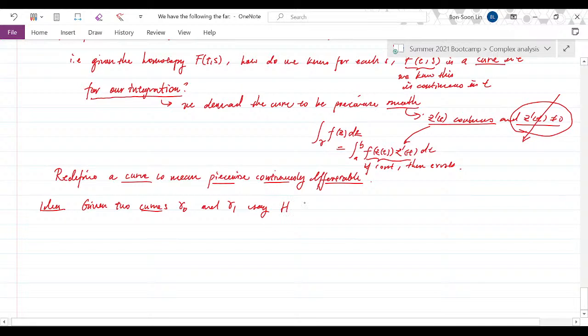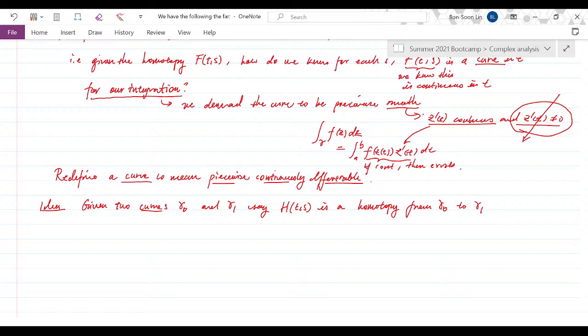Say H(t,s) is a homotopy from gamma 0 to gamma 1. Again, the endpoints are all fixed and all that stuff. Ooh. How do I make sure the endpoints are fixed? Well, we'll cross that bridge. Okay. So we know that this is continuous.